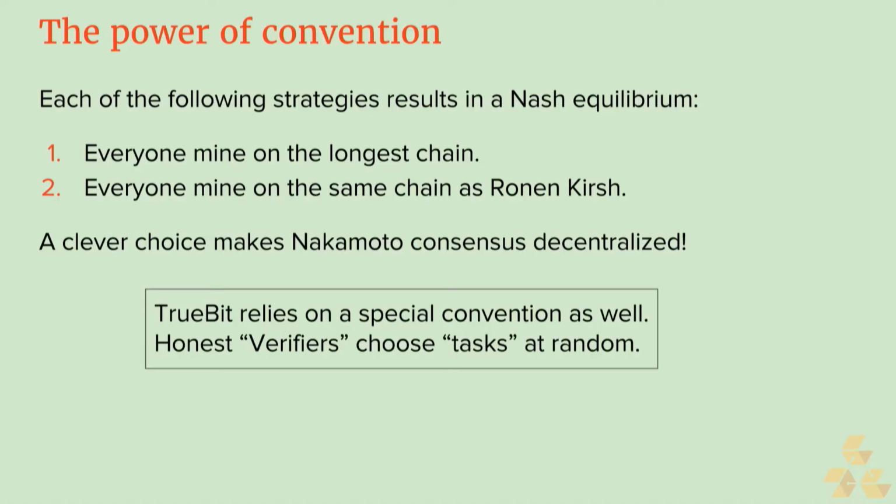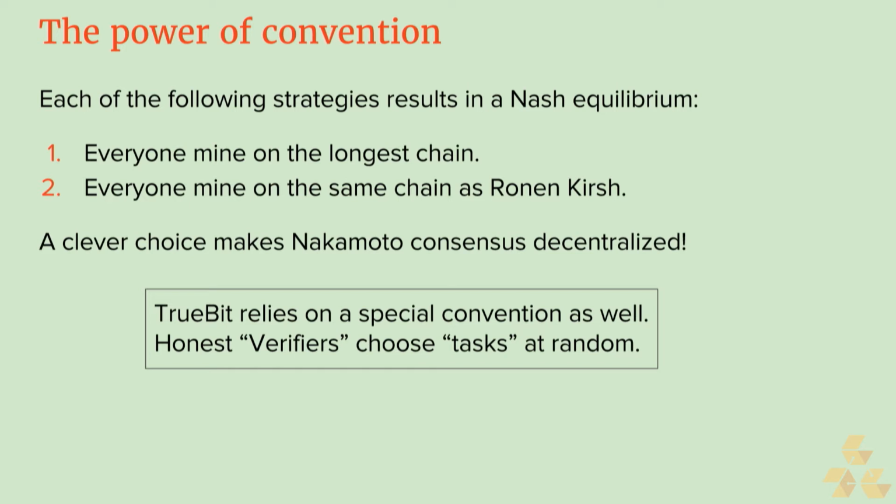Now, before I go on, I'd like to make one observation, which is that there is another solution to this problem. Consider the following two strategies that both result in Nash equilibrium. The first one is that everybody mines on the longest chain, which is the standard assumption for Nakamoto consensus. The other one is everyone mines on the same chain as Ronen-Kirsch.